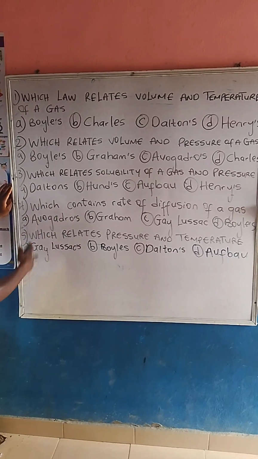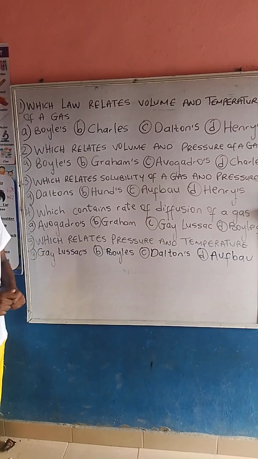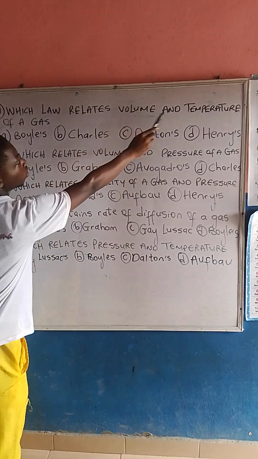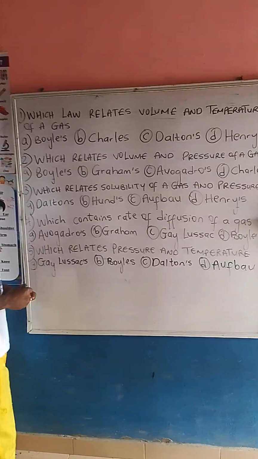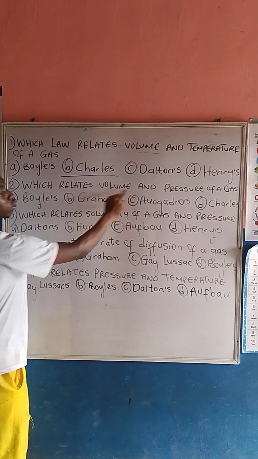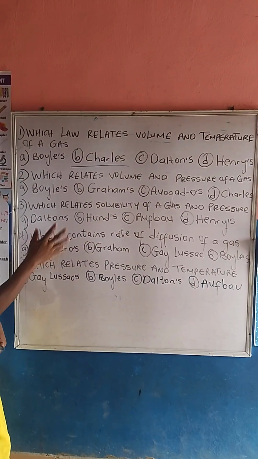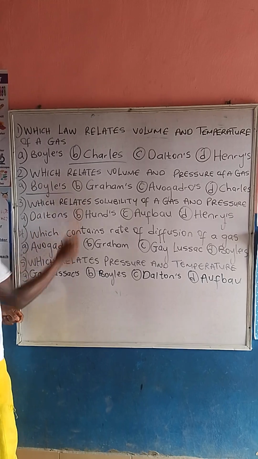And today we are going to be answering these questions. Which law relates volume and temperature of a gas? Charles's law. Which relates volume and pressure of a gas? Boyle's law.